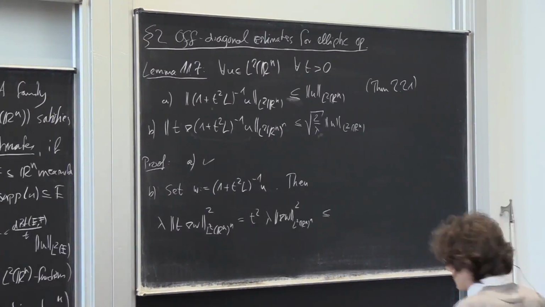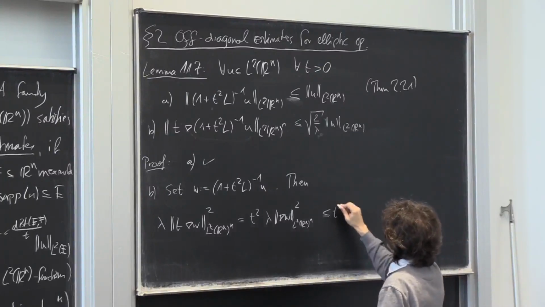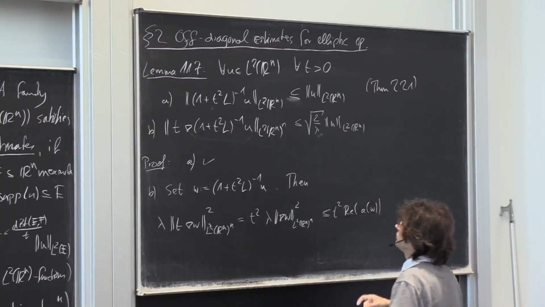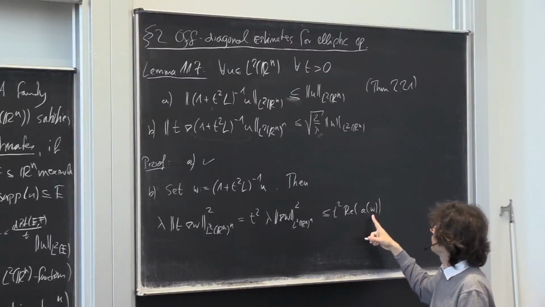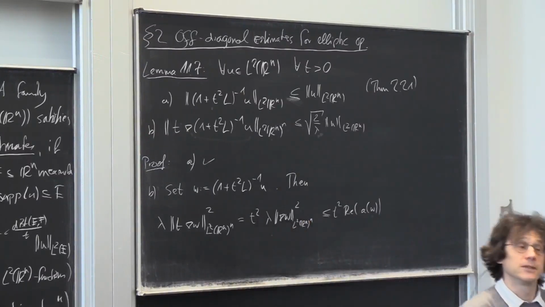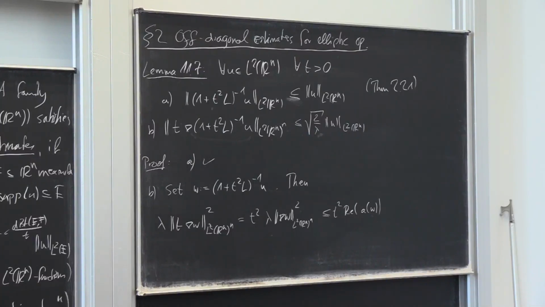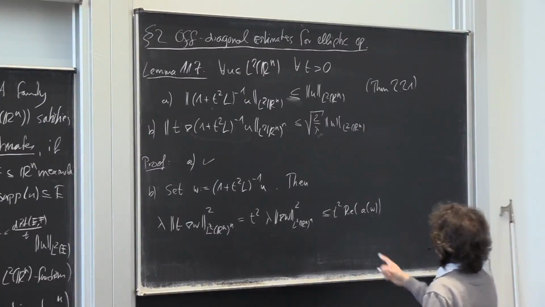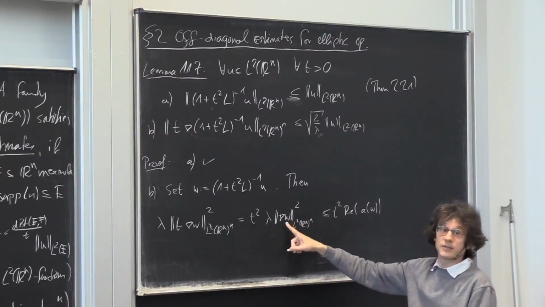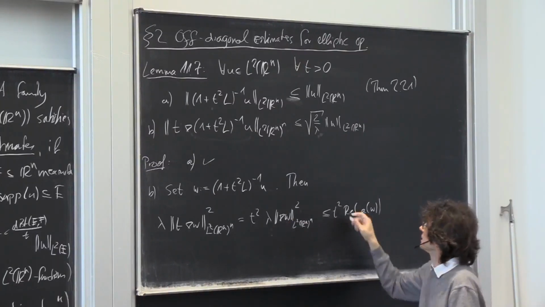Ellipticity of the coefficients tells you exactly that the real part of the quadratic form is bounded from below by lambda times the square of the gradient of the function. So this is ellipticity of the form.